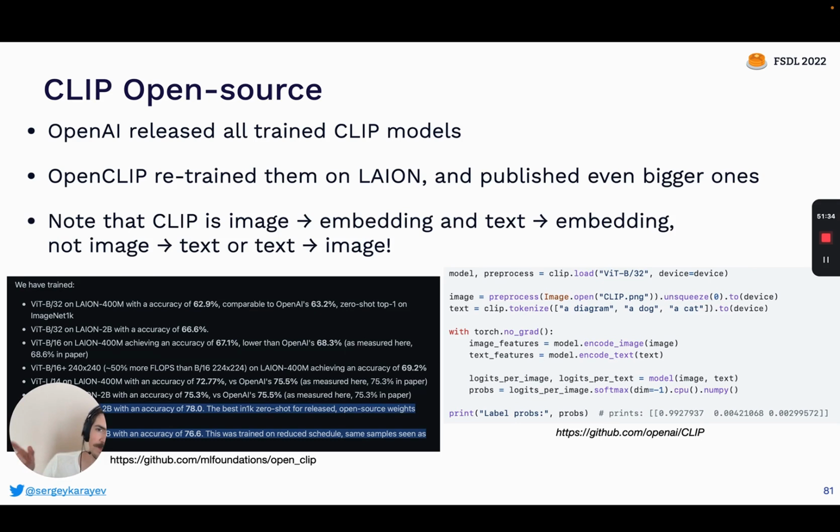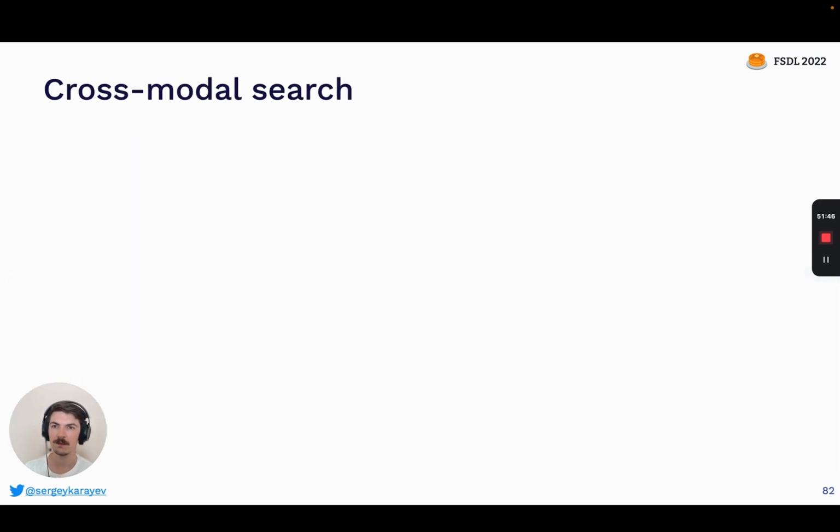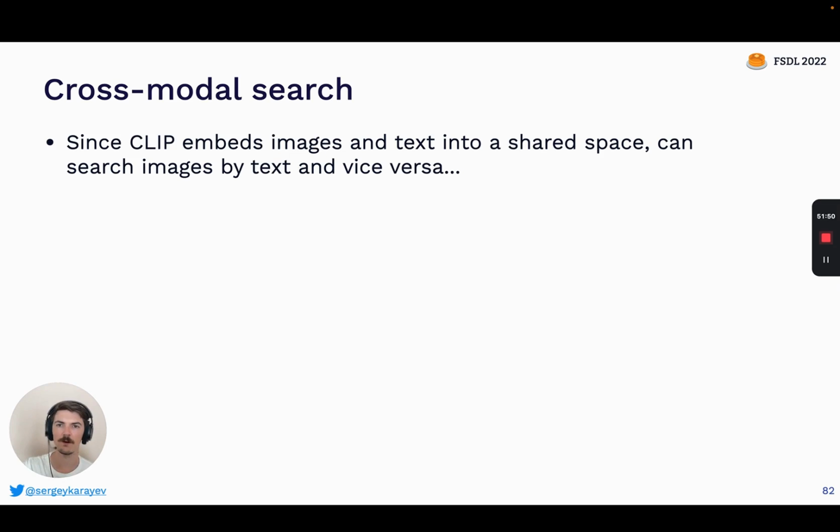And please note, CLIP goes from image to embedding and from text to embedding. It does not go from image to text, and it does not go from text to image, okay? But with the CLIP models, you can do cross-modal search, for example. We go from image to embedding and text to embedding. The embeddings are in a space that's shared, and so we can search that space either by text or by images.